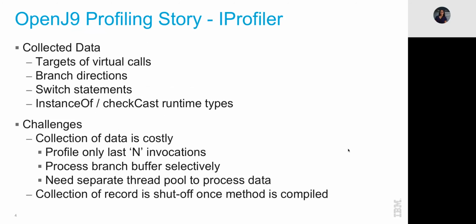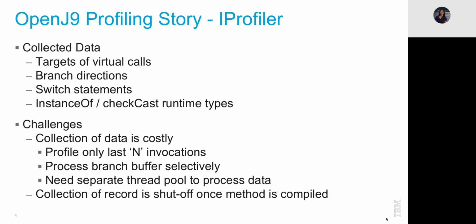Although most of the JIT compilations are driven through data collected from the IProfiler, there are some challenges associated with it. First of all, the data collection is really costly, so we only profile the last n method invocations, where n is tuned as per application characteristics.